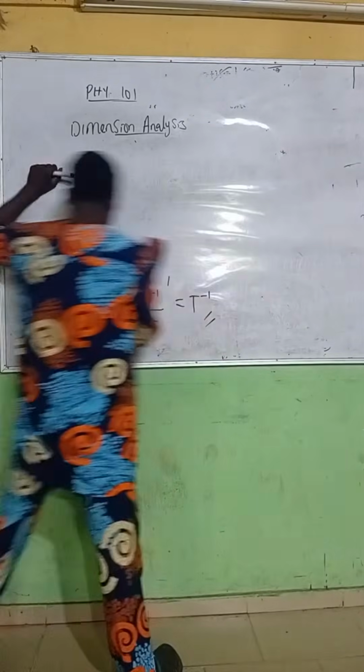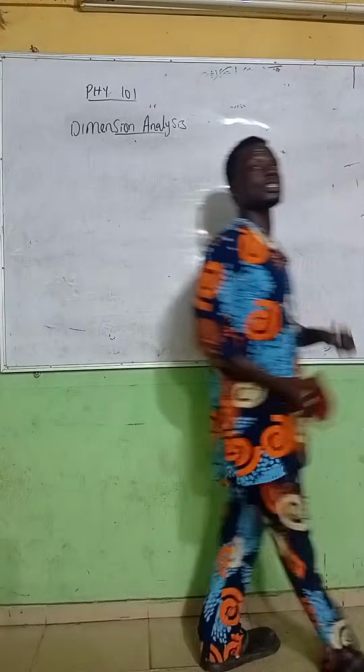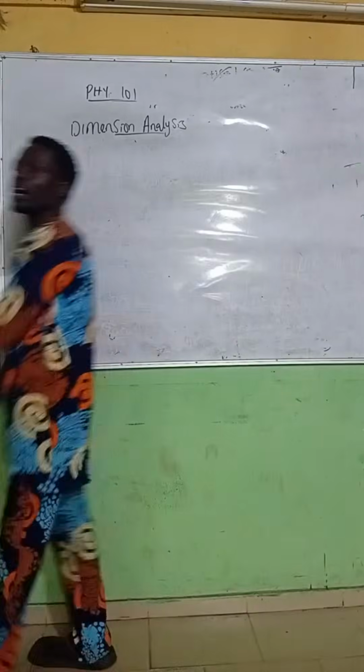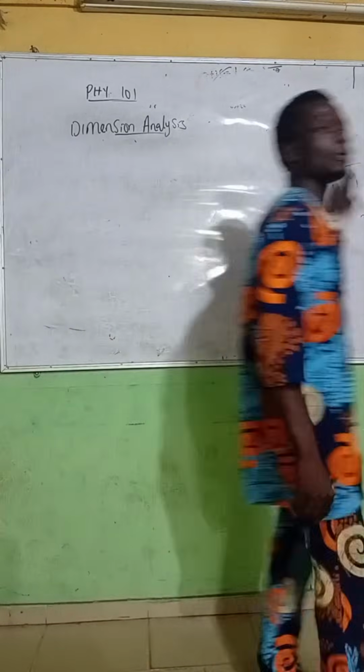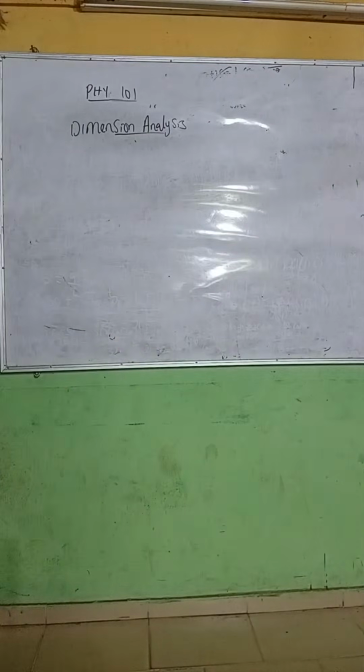The period of vibration of a liquid depends on its surface tension T, density P, and radius R. Whether we mention density first, no problem. Deduce an expression for the period of vibration using dimensional analysis. Do we get the question?